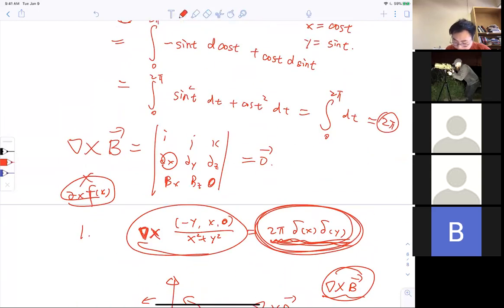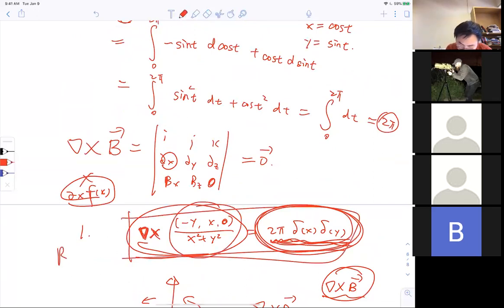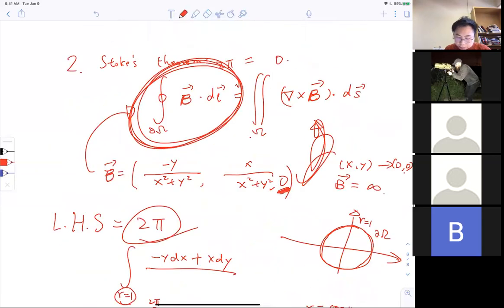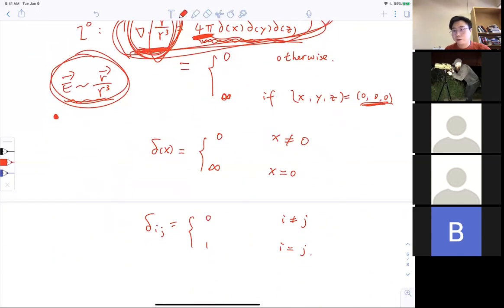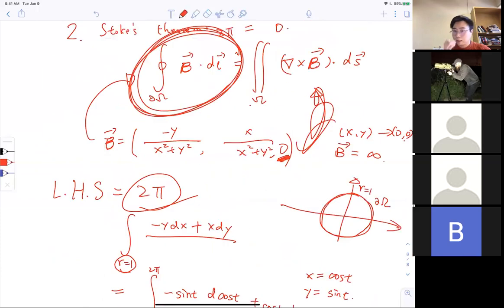I think those two examples I gave here, the B field minus y, x divided by x squared plus y squared, and the electric field proportional to r vector divided by r cubed, are two common examples.